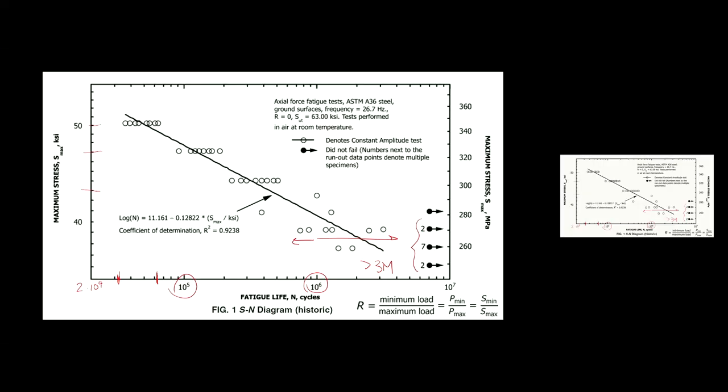You can calculate how long that's going to take. And so it's going to take a very long time. And so we have to cut it off at some point, right? Maybe 5 times 10 to the 6, or maybe 10 to the 7 here, and list how many specimens did not fail, right? And so from that, you could sort of define like a fatigue limit here.